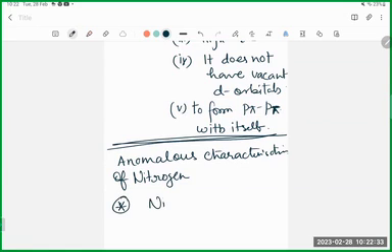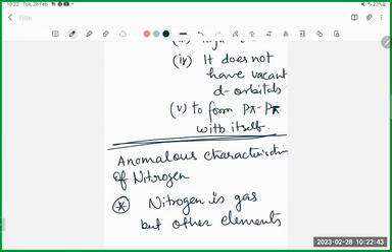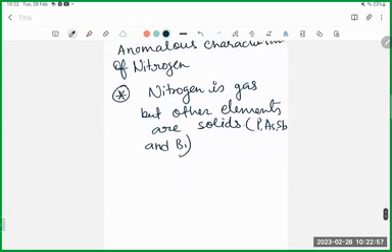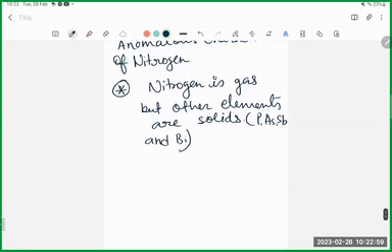So nitrogen is a gas, but the other elements are solids. I meant to say phosphorus, arsenic, antimony, and bismuth. These are all solid.